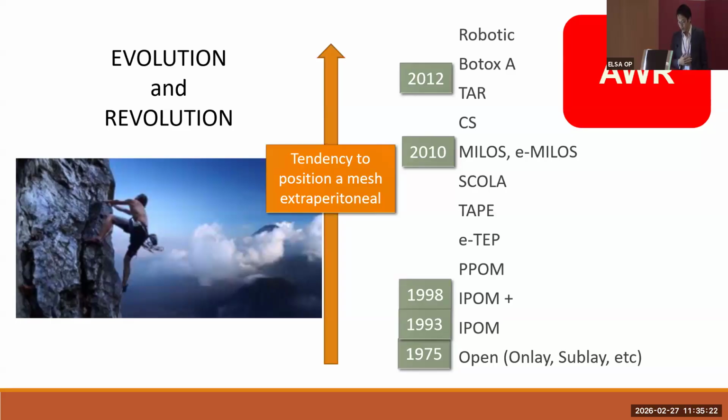CS is component separation. Ramirez first described the anterior component separation, and then subsequently posterior component separation was described as well. And then of course the new stuff that we are dealing with is Botox injection as part of what we call a chemical component separation. But some of that is beyond the scope of what I'm going to talk about today.